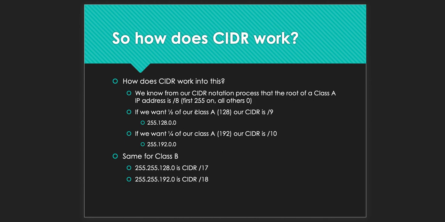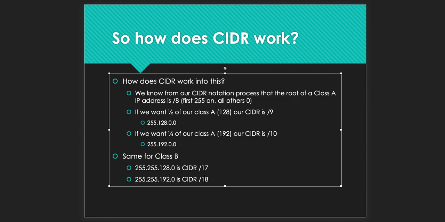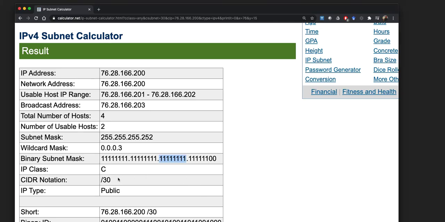And you can do this for Class A and Class B as well to just round out how you want to do the process. And once you've counted the number of ones that are turned on, then you know what your CIDR block is. So your CIDR notation here is 30, right? So 8, 16, 24, 25, 26, 27, 28, 29, 30. 30. Again, just a simple number line, straight up.